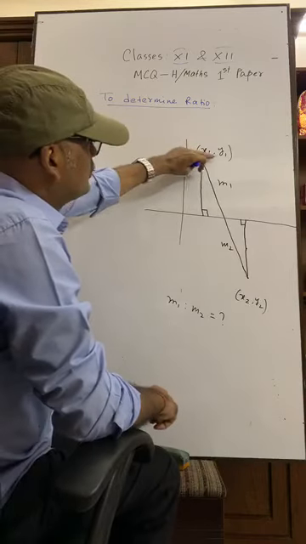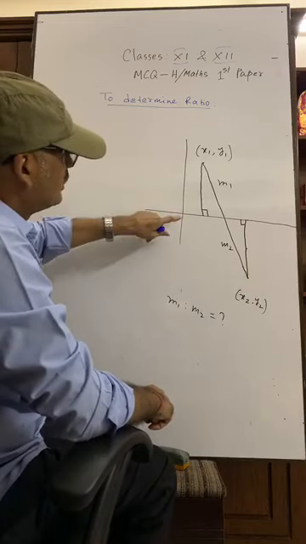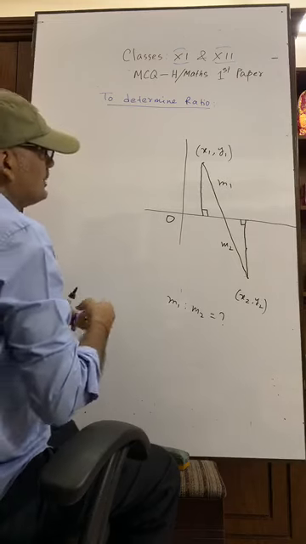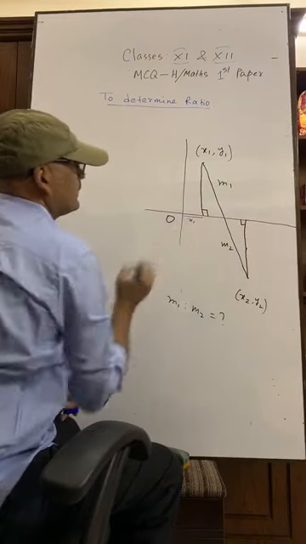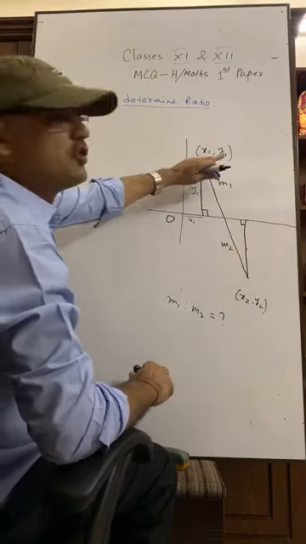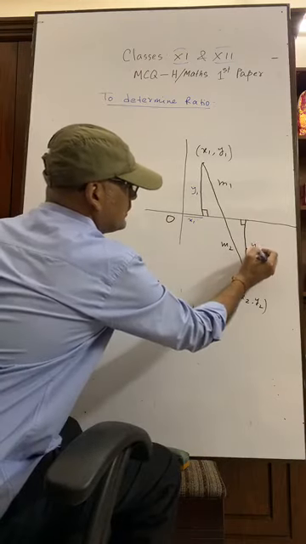It is x1, y1. What is meant by this? From O, this is x1, definitely up to this it is x1, and this is y1. For this it is x1 comma y1. Similarly, we can write this is y2.